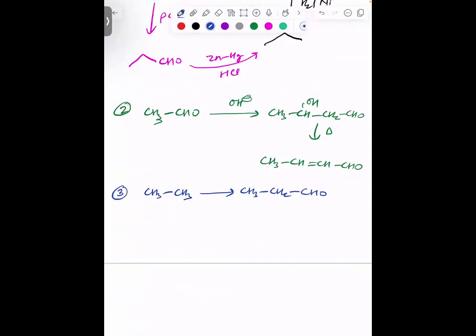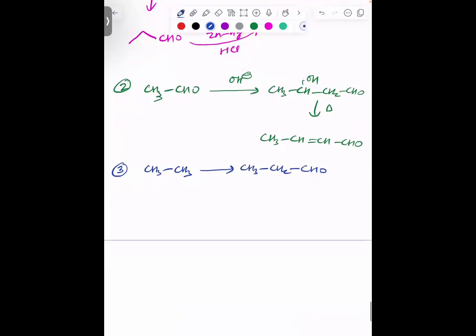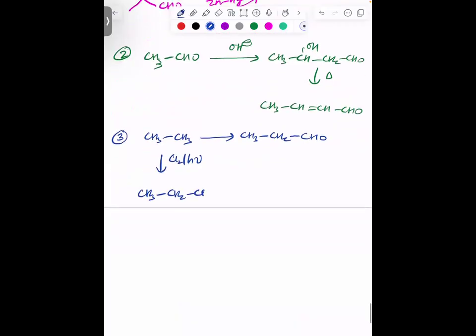The easiest way is cyanide, so we react cyanide with haloalkane. Here it is ethane. So ethane undergoes chlorination or bromination. It will be converted to chloroethane. So chloroethane is treated with cyanide to give this.